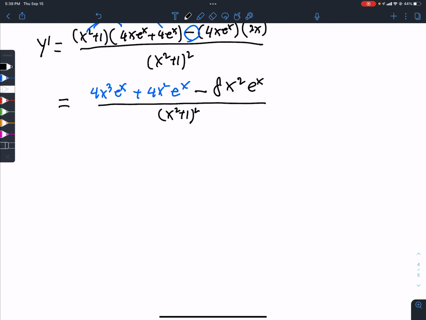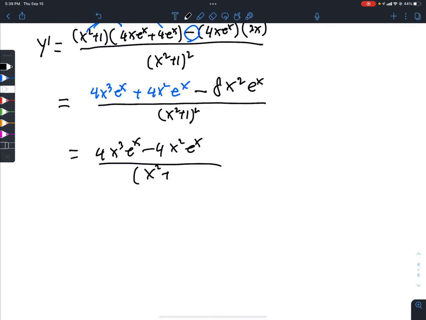All right, can we combine any like terms? There's x squared e to the x, there's x squared e to the x. I have 4. You take away 8 of them, that's going to be minus 4 of them. And then we're going to do a little bit more work here. Let's look for what they have in common. They all have a 4.